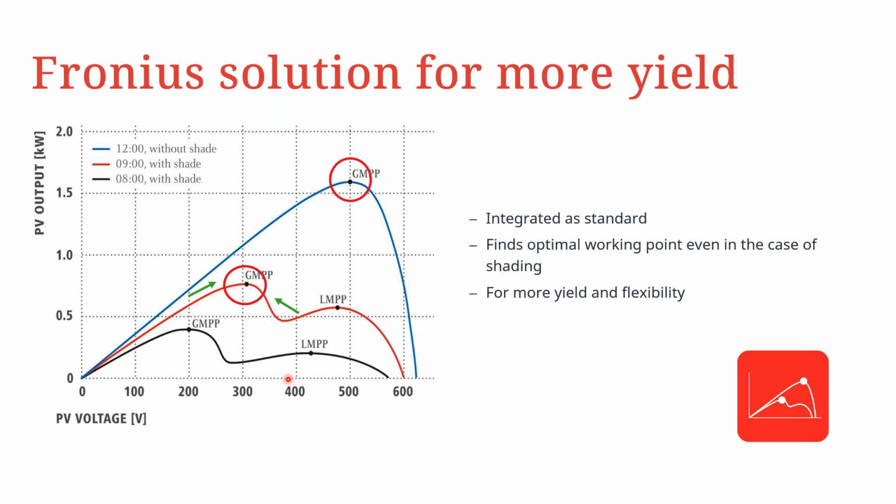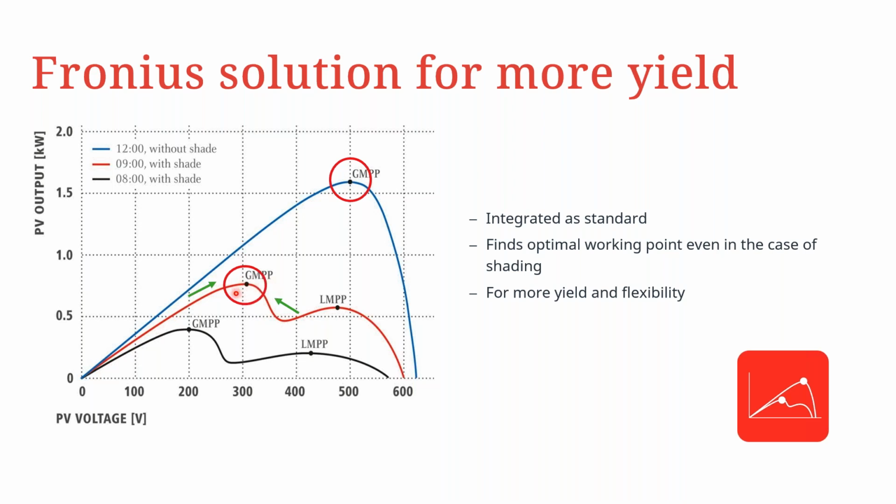As you can see on this scale, if you are starting from 200 volts, the inverter is able to shift the operating voltage upwards to find the global maximum power point. Or if at the point of shading the inverter was at this local maximum power point, then it can also shift the operating voltage downwards to find this better operating point.